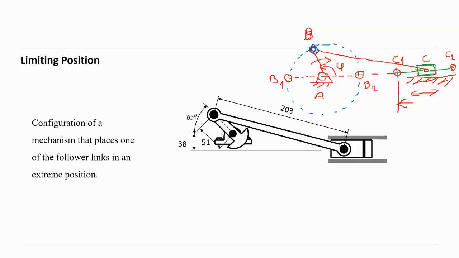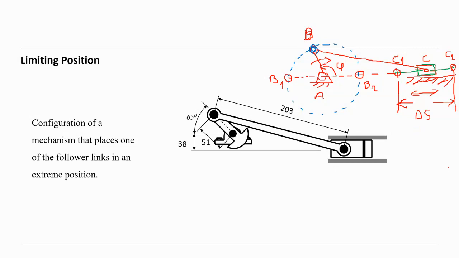This is also a limit position. During the crank's full rotation, the slider can move between C1 and C2. This maximum distance in between is delta S, the stroke.